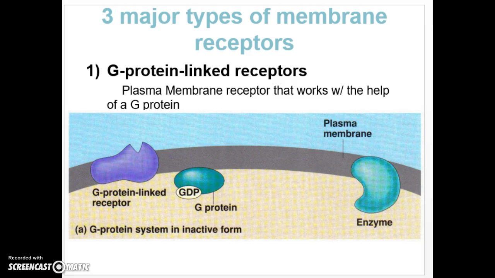So we're going to go through the three major types of membrane receptors. The first one is a G protein linked receptor. And so this works with, of course, a G protein. It's the largest family of cell surface receptors, and they're found in all eukaryotic cells.